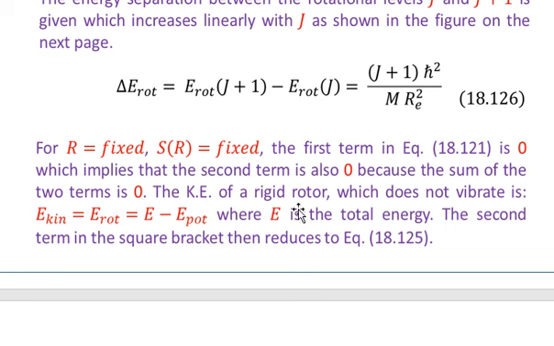And the kinetic energy of a rigid molecule which does not vibrate is E kinetic, equal to E rotational, equal to E minus E pot, where E is the total energy. The second term in the square bracket then reduces to equation 125.